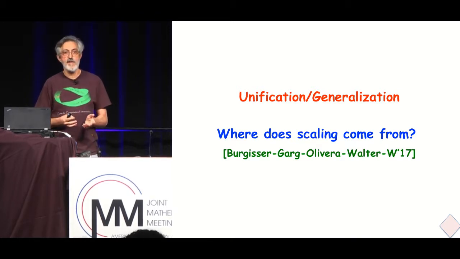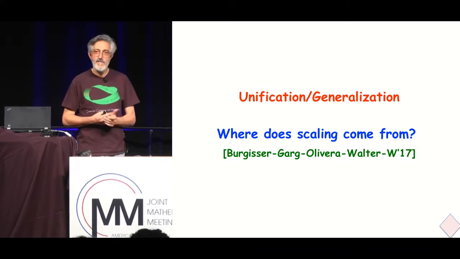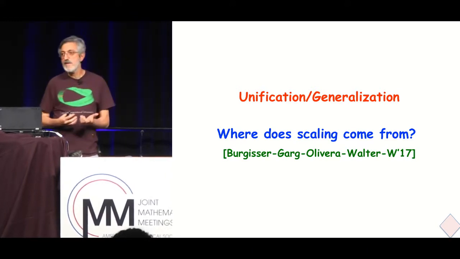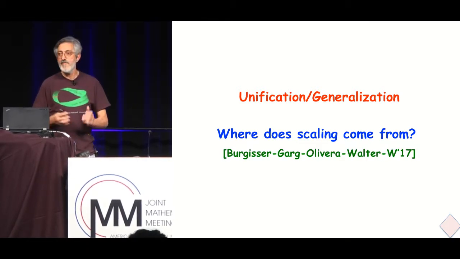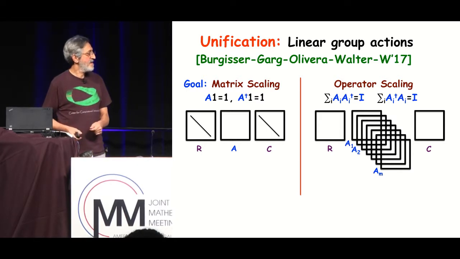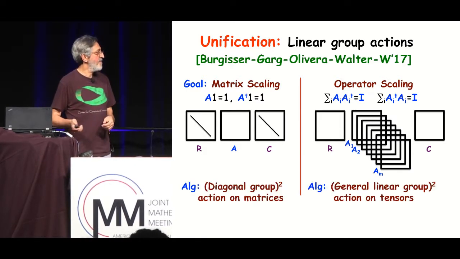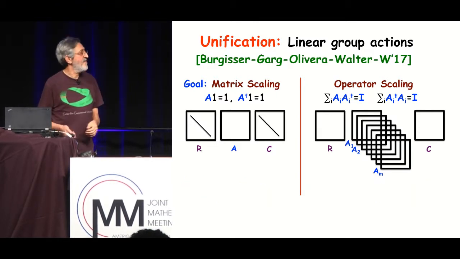There were reasons to ask this question, and these problems were solved, so we should be happy. But still, it turns out that the scaling is something very generic and would have been discovered even without the applications, just because of mathematics. So this is from just work a few months ago.